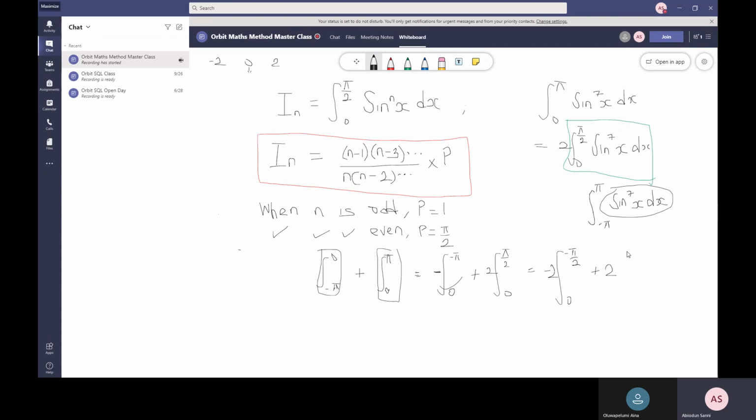I'm just putting the interval because that's what we need to deal with first. So this is going to be 0 to pi over 2. Now the next thing I have to deal with is this minus pi over 2. How do I deal with this minus pi over 2? Because I need pi over 2, not minus pi over 2.